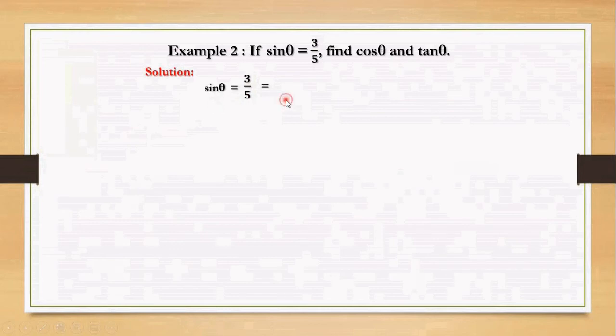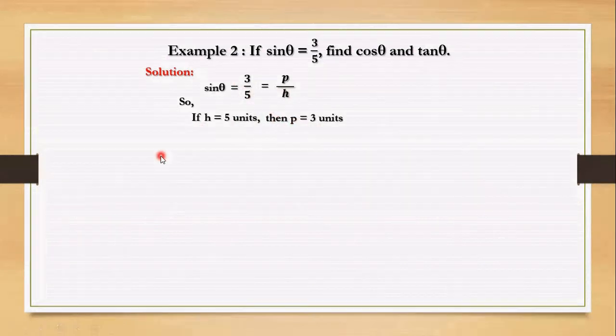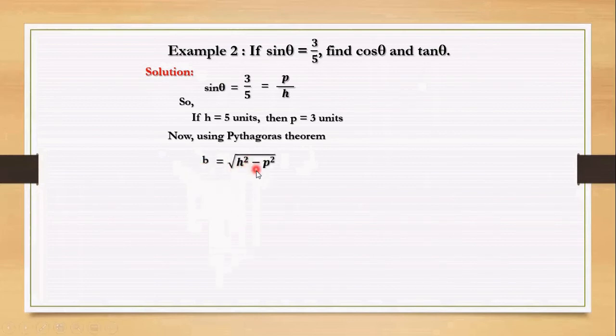The ratio of sine theta is p by h. Comparing, we have if h equals 5 units, then p equals 3 units. Now using Pythagoras theorem, let's calculate b, which equals root under h square minus p square.